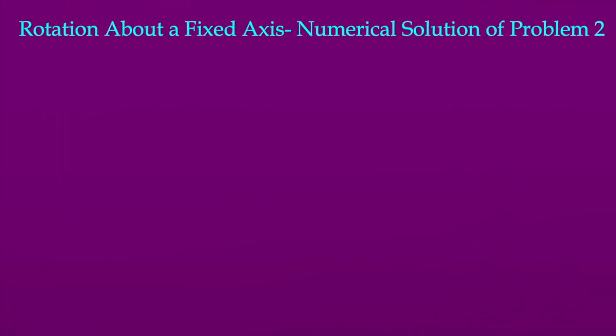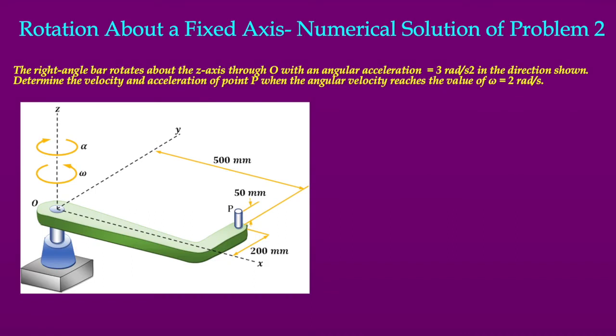Our next problem, problem number 2. So what is there? A structure like this. We have to find out the angular velocity and acceleration of this point P. The position of the point is given.